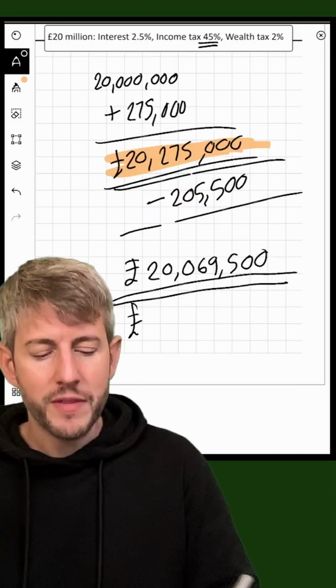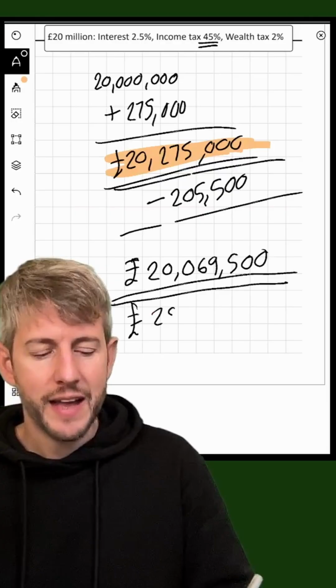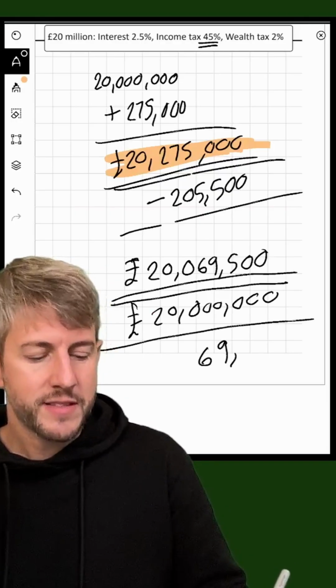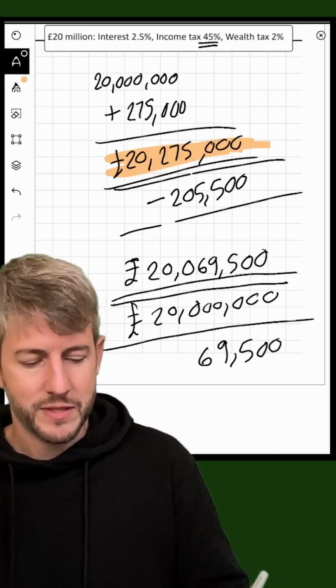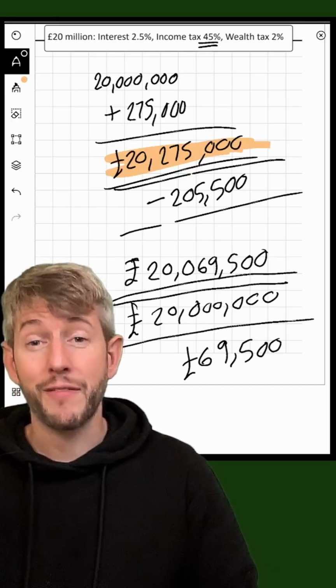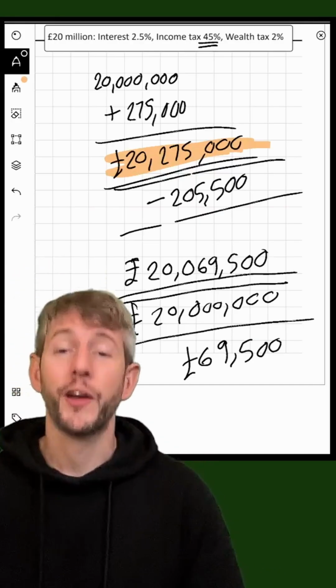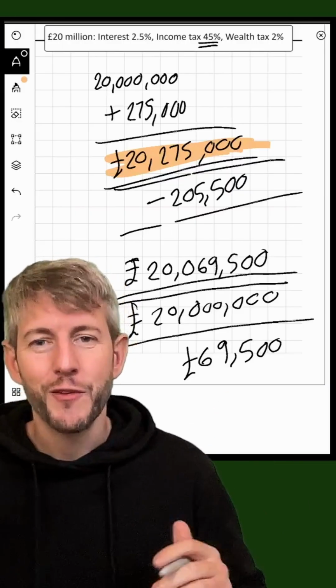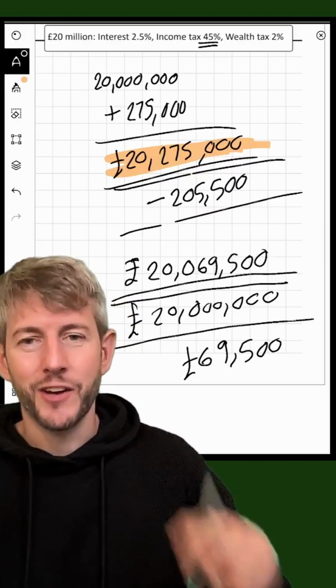But if we remember at the start of the year, they had 20 million. That means they're still £69,500 up after having not done anything. Okay, so is this fair? You decide.